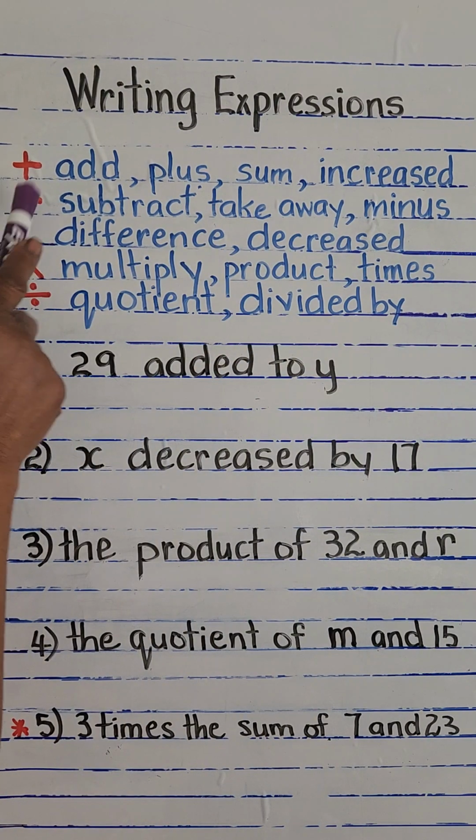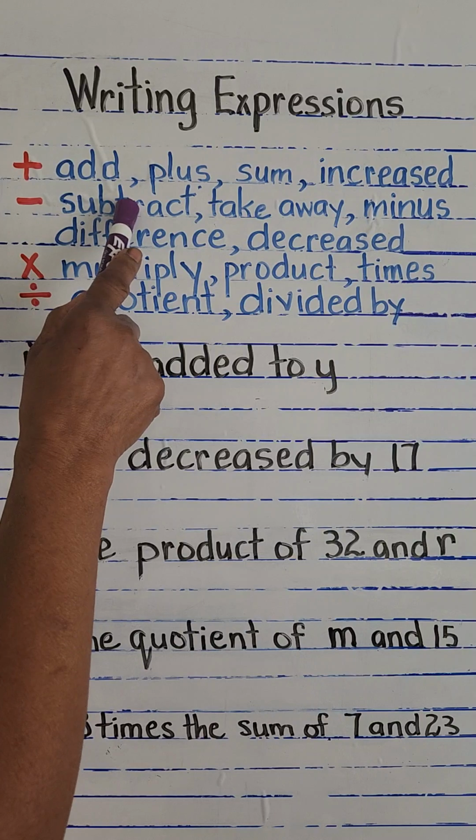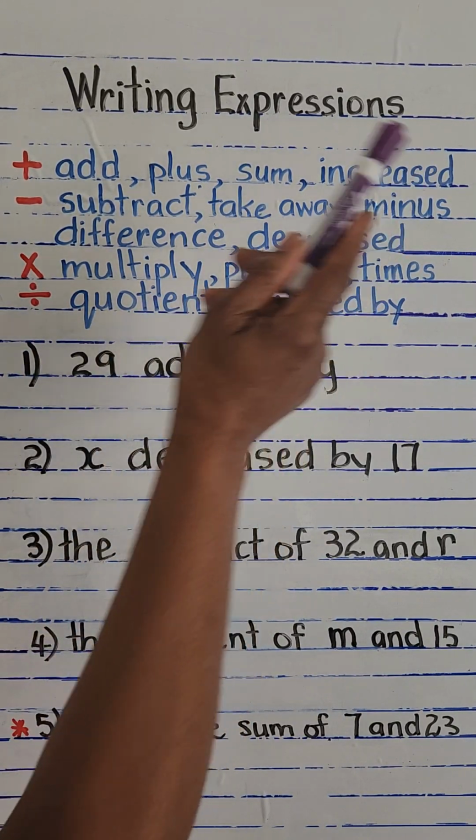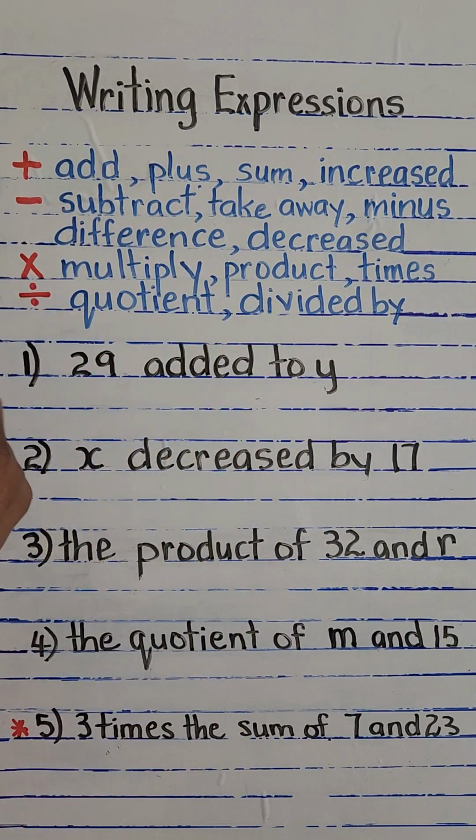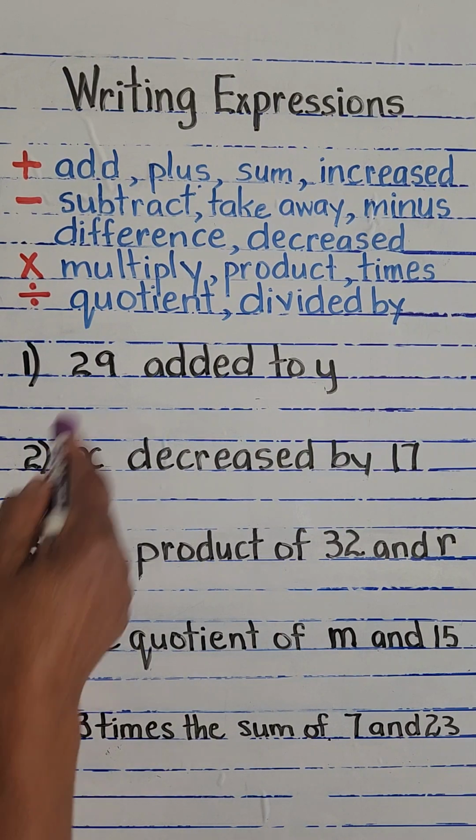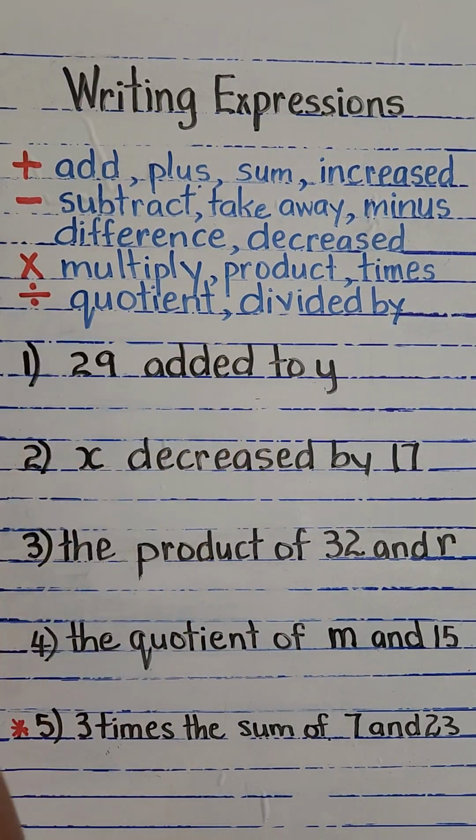We use the subtraction sign when we see words like subtract, take away, minus, difference, decrease. The multiplication sign when we see multiply, product, times. And division when we see the word quotient and divided by.